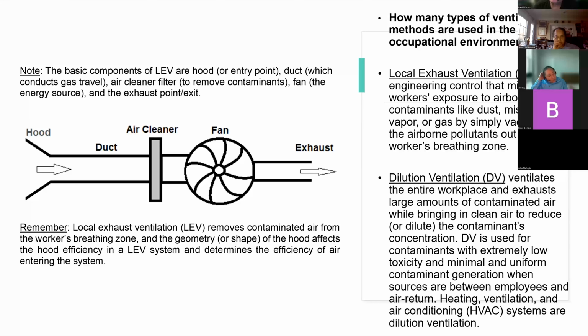How many types of ventilation methods are used in the occupational environment? There are two. The first is local exhaust ventilation, an engineering control that minimizes the worker's exposure to airborne contaminants like dust, mist, smoke, vapors, or gas by simply vacuuming the airborne pollutants out of the worker's breathing area.